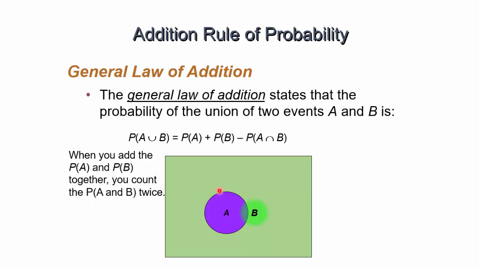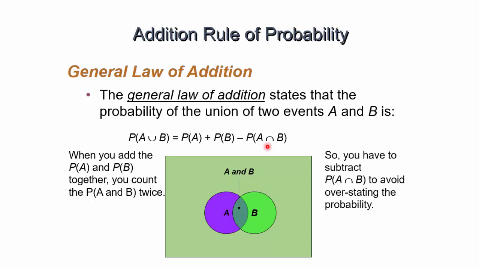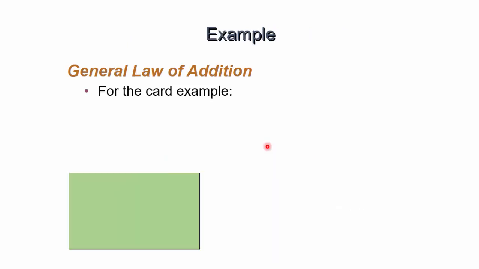That is P of A. This is P of B. So when we add A and B together, we add this part, the common point, two times. And hence, it needs to be deducted one time. That is why the formula is P of A plus P of B minus P of A and B. Otherwise, the probability would be overstated or sometimes could exceed 1.